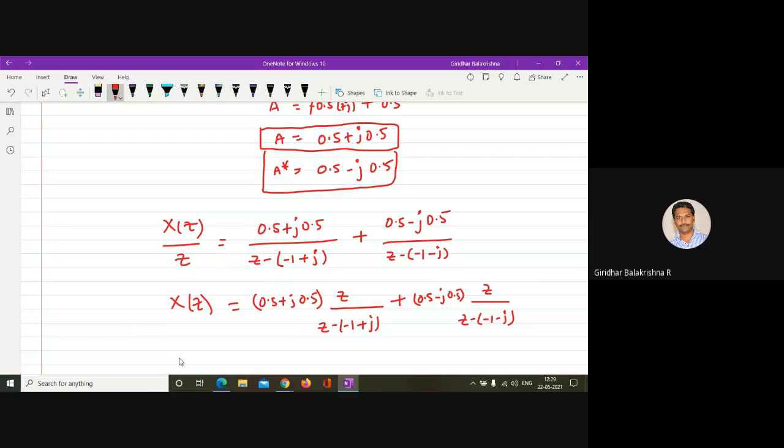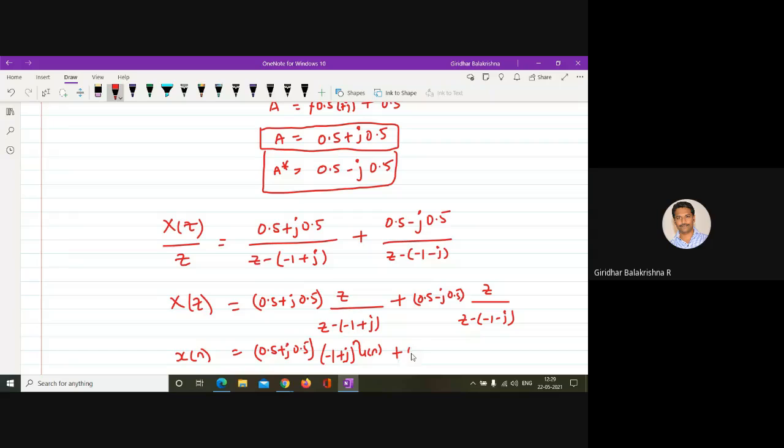Which system is it? Causal. So directly, this constant 0.5 plus j 0.5 is in the form of z by z minus a. In the place of a we have -1 plus j, so it is (-1 plus j) whole power n into u of n.